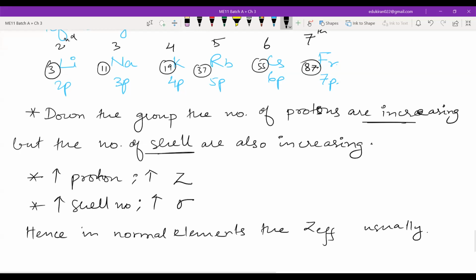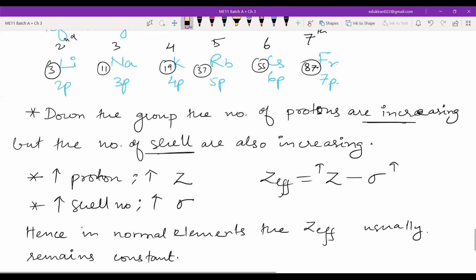Let us write it like this: usually remains constant. Because Z effective is equal to Z minus sigma. Now, if this is also increasing and this is also increasing, what would happen? Then Z effective will remain the same.